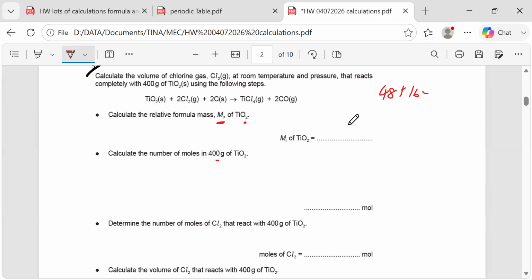So plus 16 times 2. So you will get 80. So this is mass over molar mass. MR is molar mass. You can find the amount of moles.